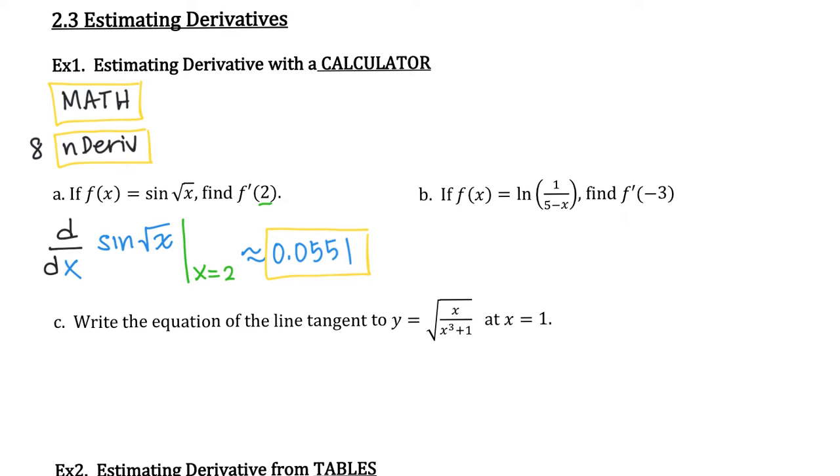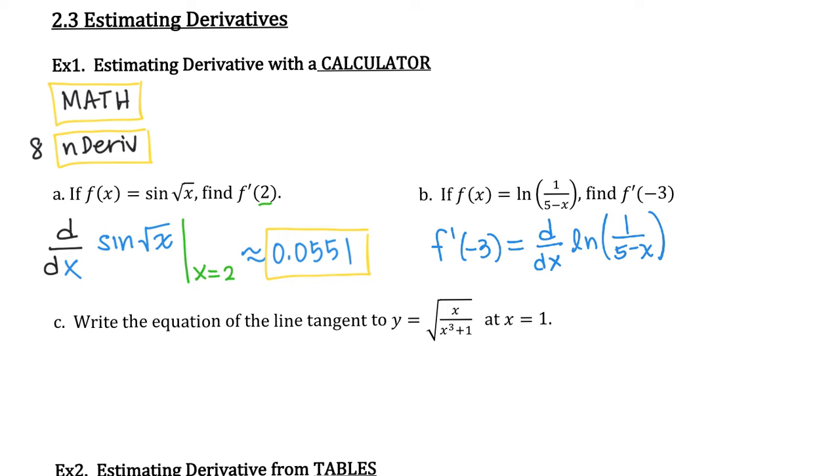Okay, so for B, I'm going to go ahead and try it on my calculator as well. I'm trying to find f prime of -3. It's asking me for an estimation using my calculator, which means I could just write the answer, but I'm going to show you what I'm typing in my calculator. I'm finding the derivative in terms of x of the natural log of 1 over 5 minus x.